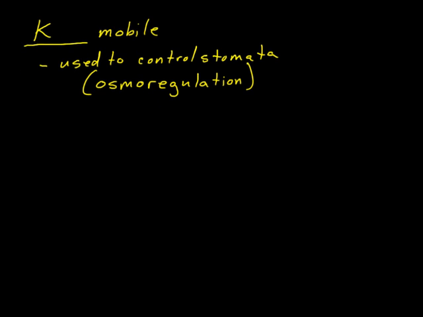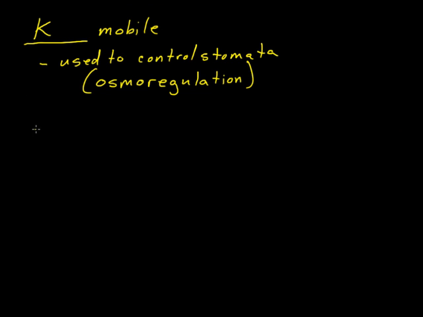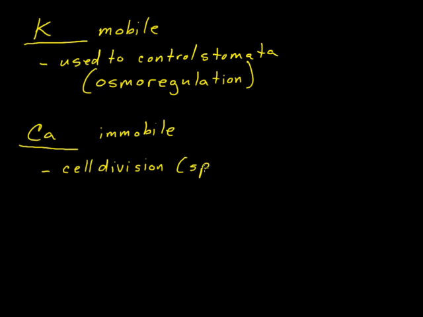Our next nutrient on the list is calcium. And calcium is relatively immobile in plants. And so its deficiency symptoms tend to occur in younger tissues first, as opposed to the other ones that we've talked about so far. Calcium is heavily involved in cell division. It has a structural role in the formation of microfibers and microtubules that make up what we call the spindle fibers.